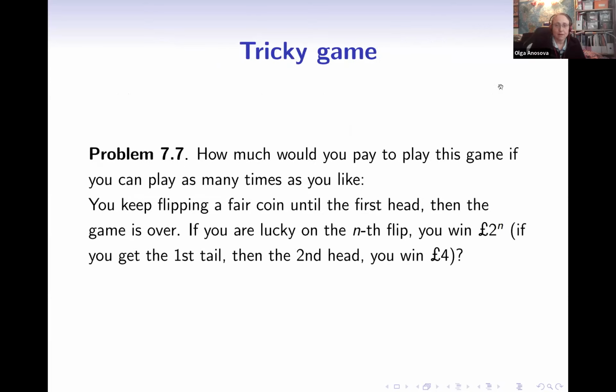Okay, now a slightly trickier game and a slightly more famous one is this one. Suppose you are offered to play the following game. You keep flipping a fair coin until the first head. And your win is 2 to the power of n when you had this first head.